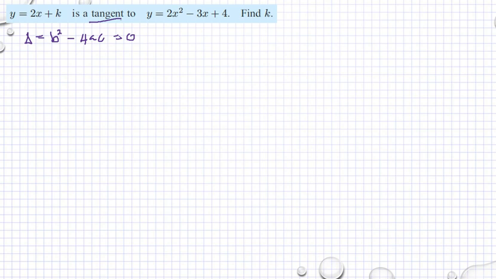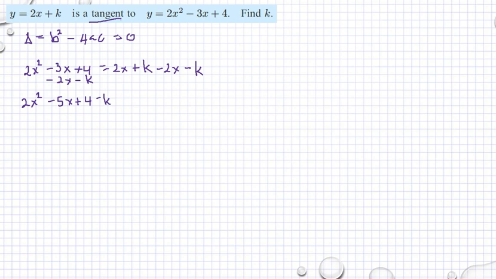So if we have 2x squared minus 3x plus 4 is equal to 2x plus k, and we subtract both sides of the equation by 2x and by k, then we have 2x squared minus 5x plus 4 minus k is equal to 0.